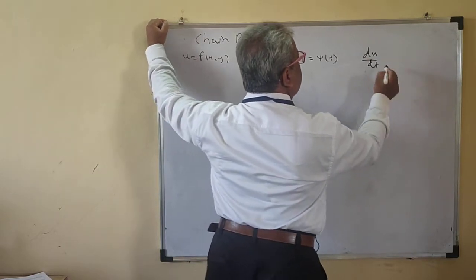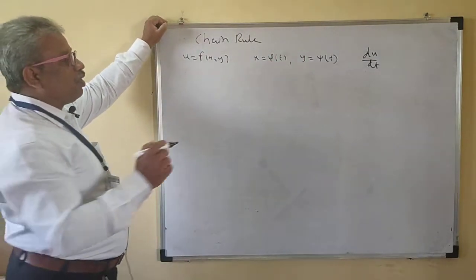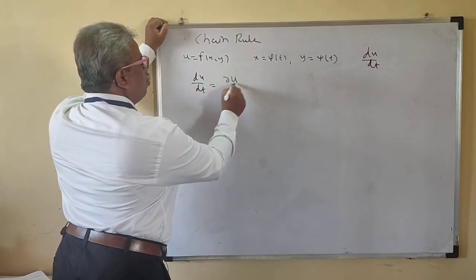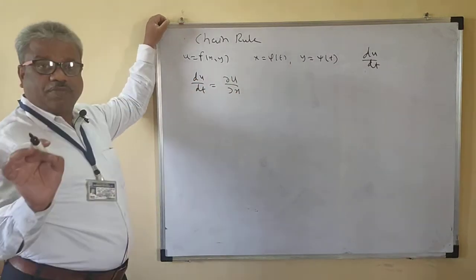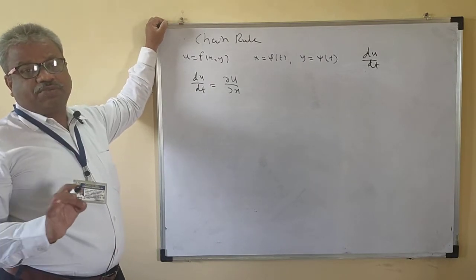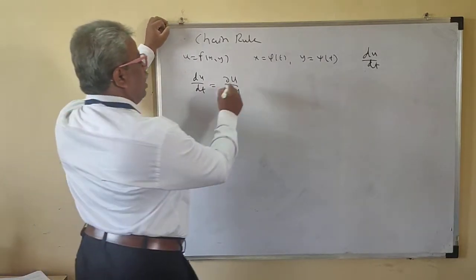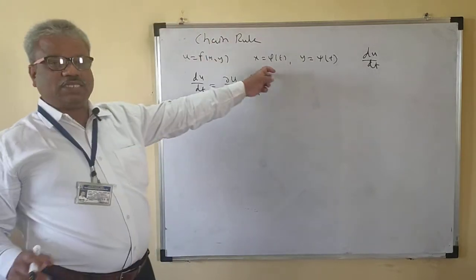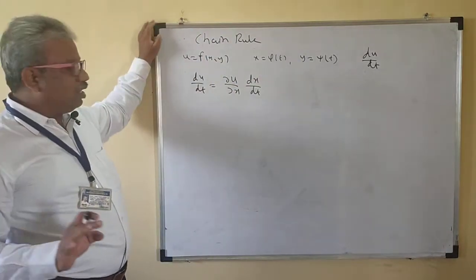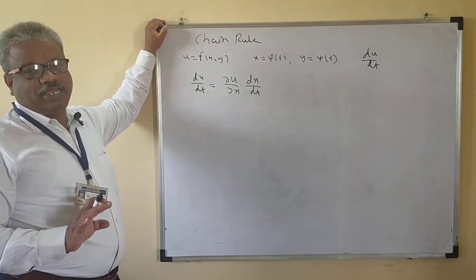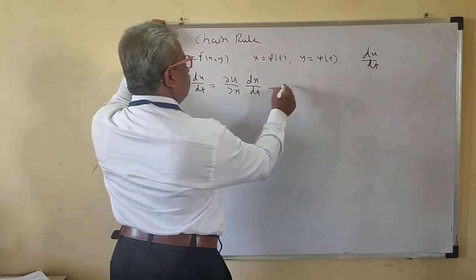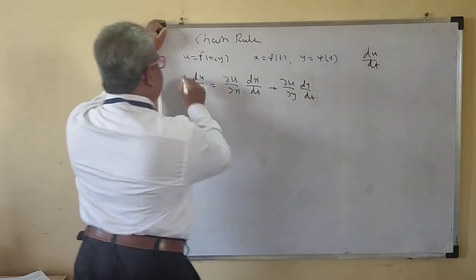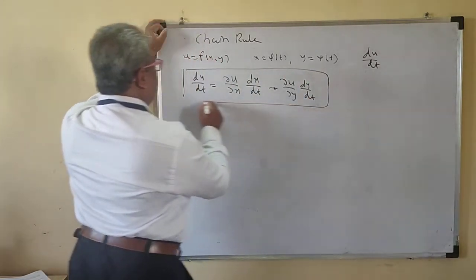So what is the formula for du/dt? du/dt is the same as partial u by partial x times dx/dt, because u is a function of x and you cannot directly differentiate u with respect to t. We write dx/dt because x is a single variable function, and y is also a single variable function. Plus partial u by partial y times dy/dt. Remember this, the chain rule for the single variable function.